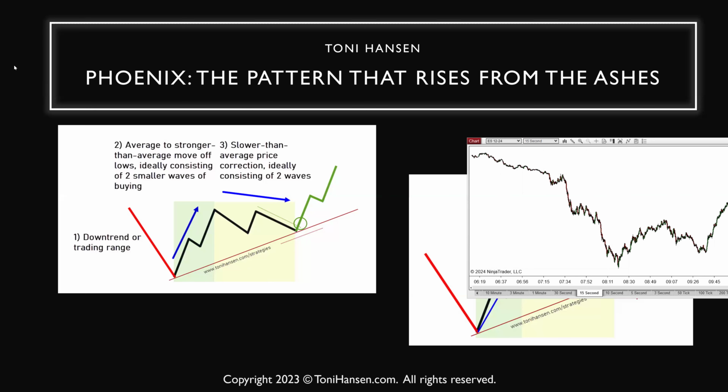So instead of using a full consolidation break with an entry here, I want to use a smaller time frame channel break as my entry. Ideally, these two waves of correction are going to be approximately the same size and approximately the same momentum if we have a core setup. And then that break of that smaller channel is going to be my entry point.